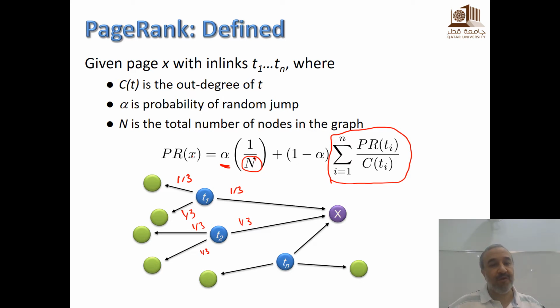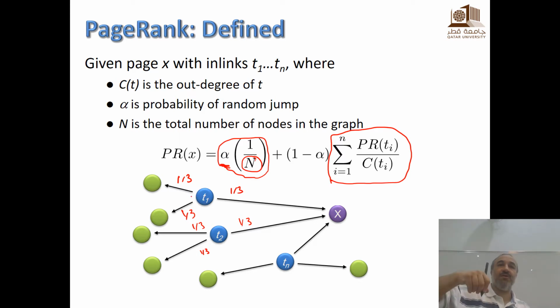So PageRank of a node has 2 sides: it has a constant, which is alpha divided by n, plus contributions from my inlinks. So you can see here that it is a recursive computation, right?